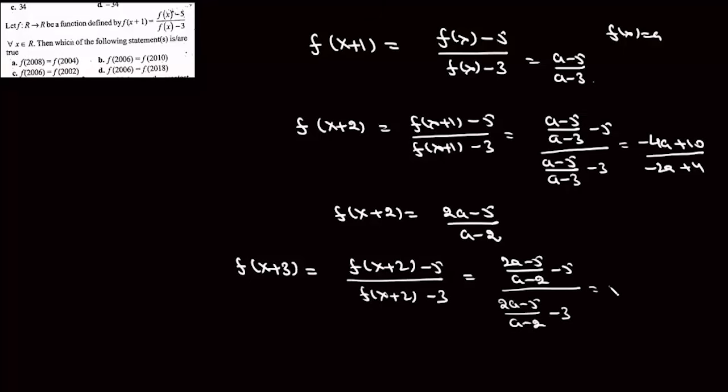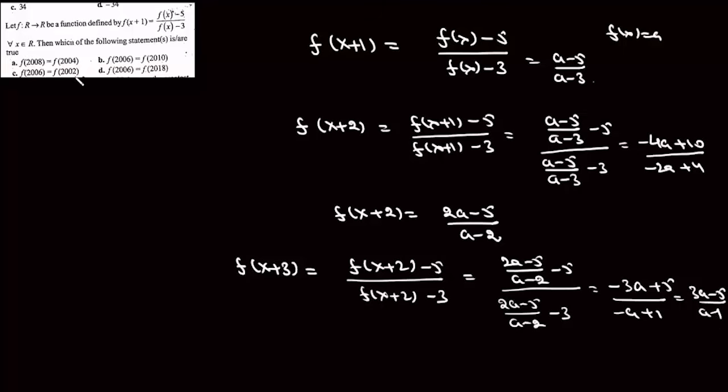Now this is 2a - 5a, there will be -3a + 5. And here there will be -a + 1, or f(x+3) = (3a - 5)/(a - 1).